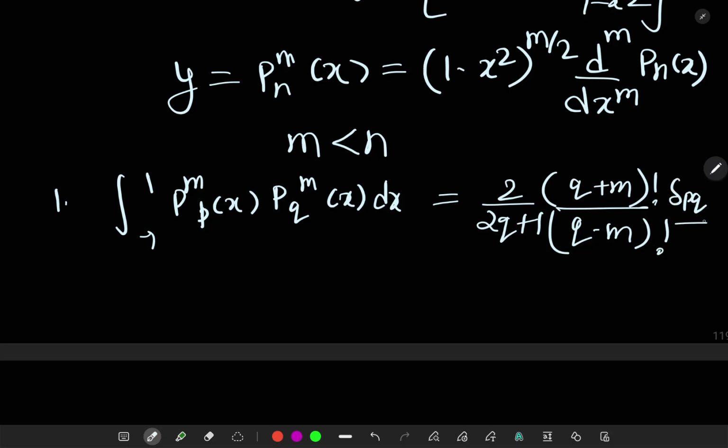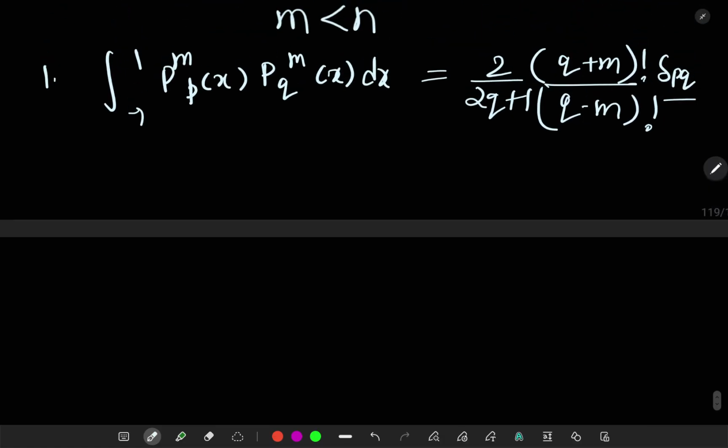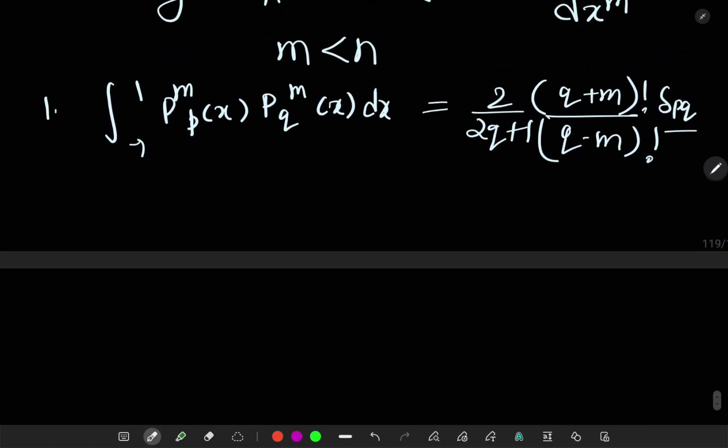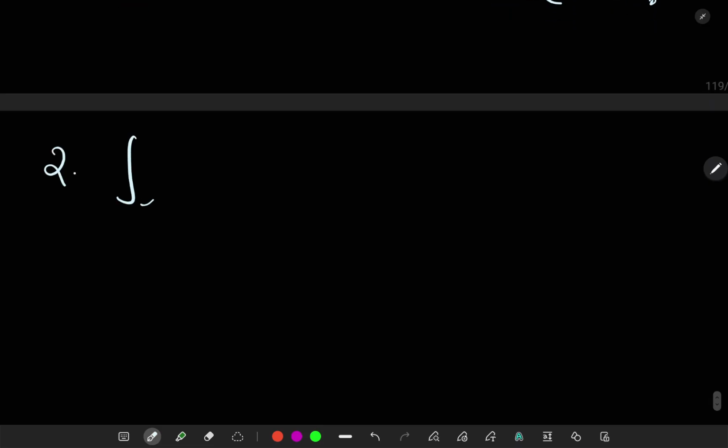Here this is a Kronecker delta: only if p and q are the same, that is equal to 1. If not, the whole term becomes 0. Now this is a second important relation.